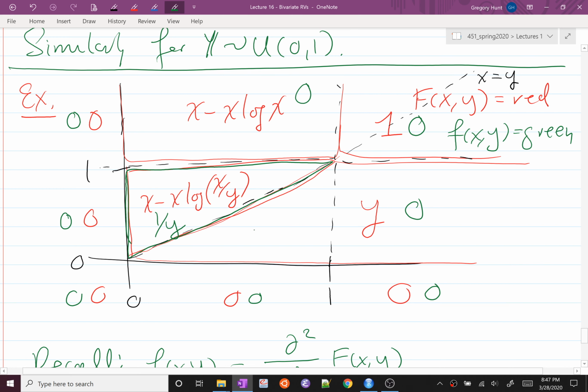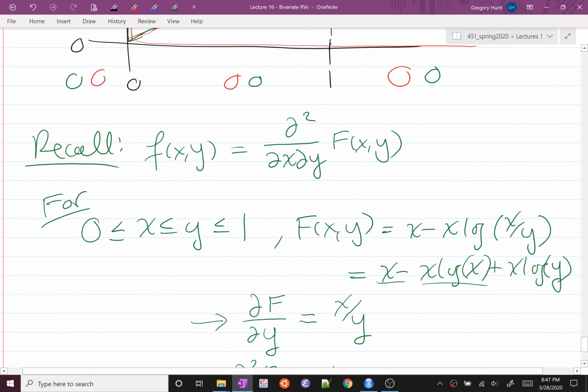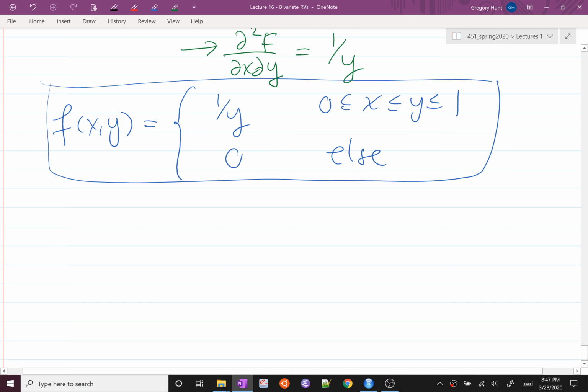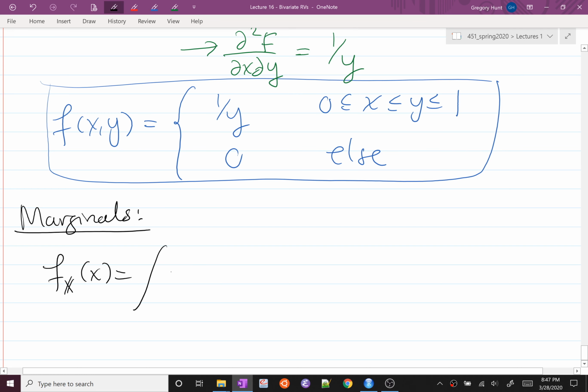But we can still get the marginal distributions in this case. So let's look at how we do that. If I want the marginals, so let's look at the marginal distributions. For f_X of x, I integrate out y. So I integrate my joint PDF, and I integrate out y.